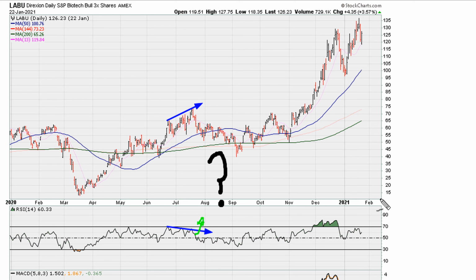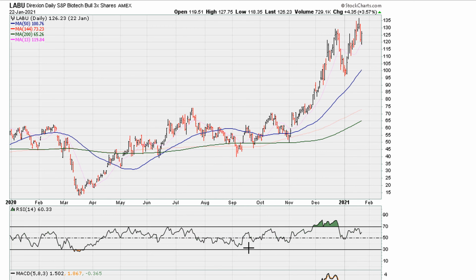So the question is, what would happen if the market clears the RSI divergence line? And there's another question I'd like to answer in this video. What would happen if down the road the same line can be used to gauge market swing trade direction? All right, let's answer those.